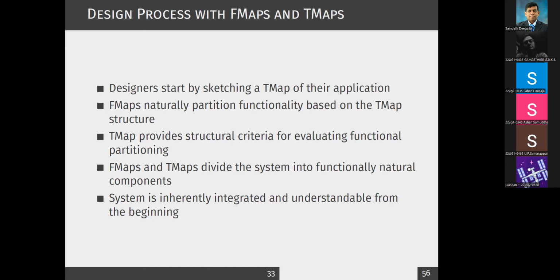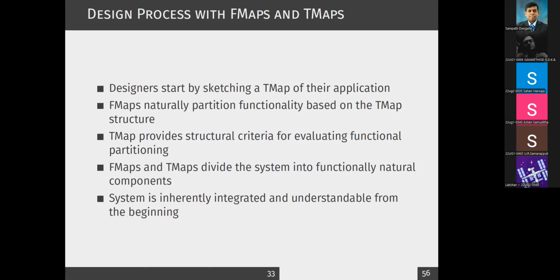So you start with the type maps, and then you use F maps. There you capture the functionality. When you say function, the F maps are actually based on the T map structure that you have developed. So you start with the T maps and then you develop the F maps.